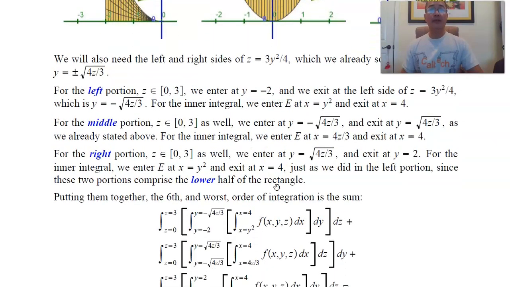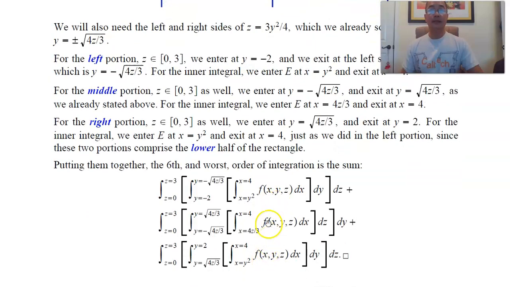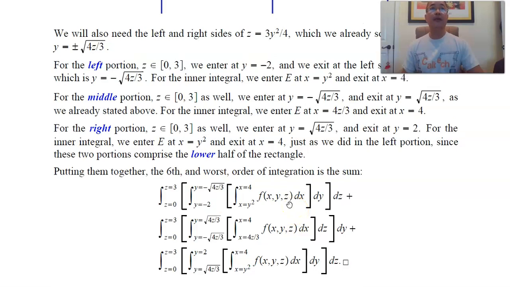So once again, we can recycle the innermost integral. We already know that for the 2 sides, we are entering through the cylinder and exiting at x equals 4. So this is copied from the previous order of integration where we are below the parabola.